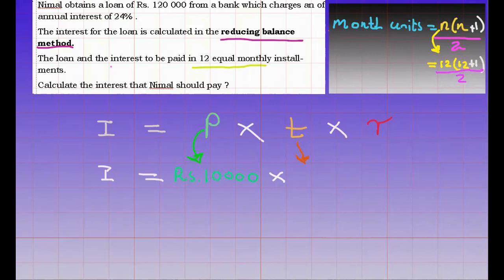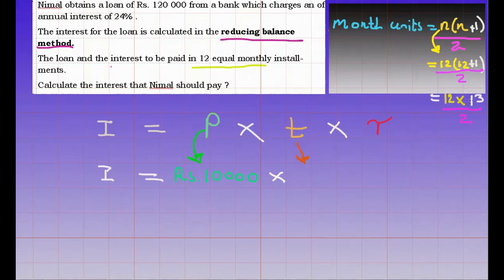All right. So then what do we get? Okay, let's simplify the brackets. So 12 times, when you simplify the brackets, 12 plus 1 is 13. So 12 times 13 divided by 2. Any chances of cancelling?